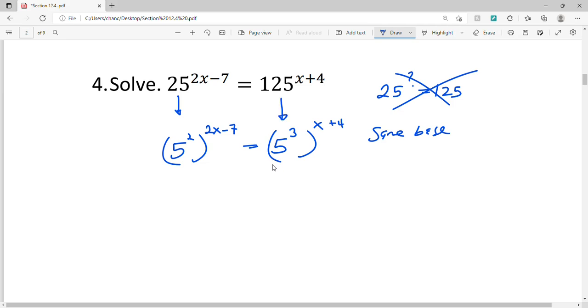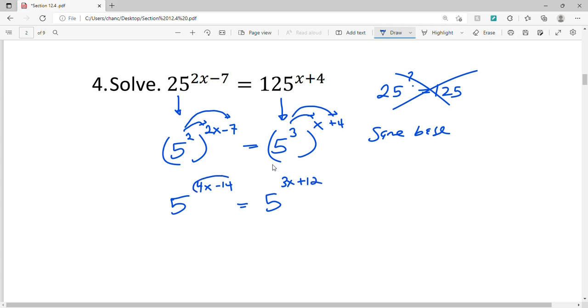Each of these now has a base of 5, but we'll simplify by distribution first. This on the left is 5 raised to the 4x minus 14, and that's equal to 5 raised to the 3x plus 12. And this is through distribution.